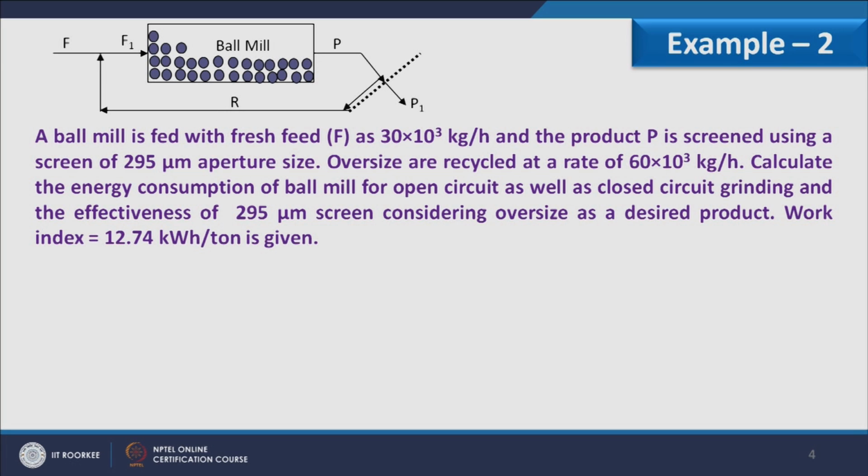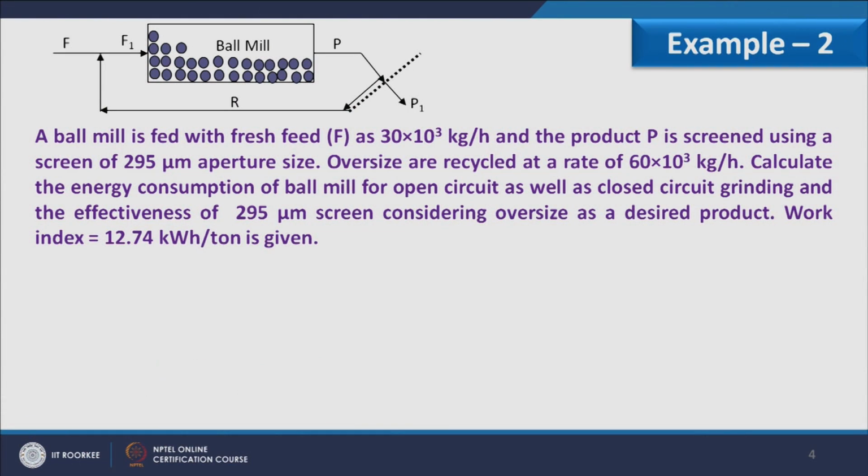So, the problem goes as oversize are recycled at a rate of 60 into 10 power 3 kg per hour. So, this R value has a rate of 60 tons per hour. Now, what do we have to calculate? The energy consumption of the ball mill for open circuit as well as closed circuit grinding, and further we have to calculate the effectiveness of the 295 micrometer screen considering oversize as the desired product.